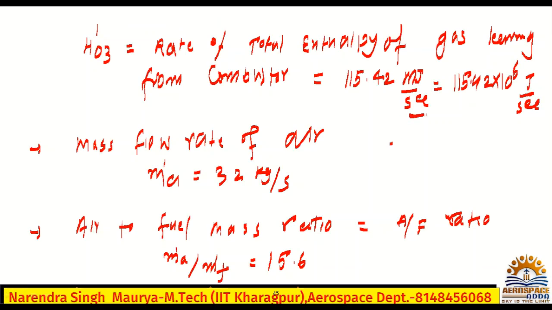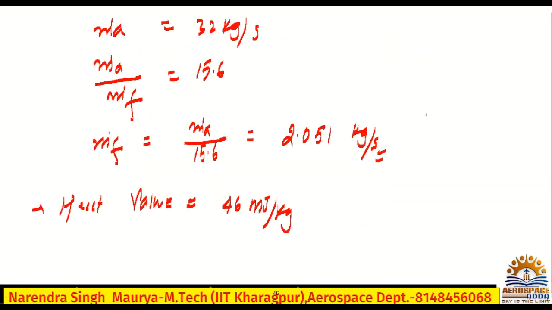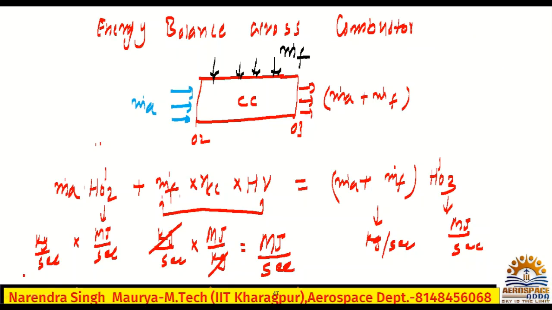Yes or no? But I should have the same unit. Check this, we have 3 components, 1, 2 and 3. All 3 components should have the same dimension, so you can convert in any form. Better you follow the middle one, which is megajoule per second. So we'll convert this first also in megajoule per second.